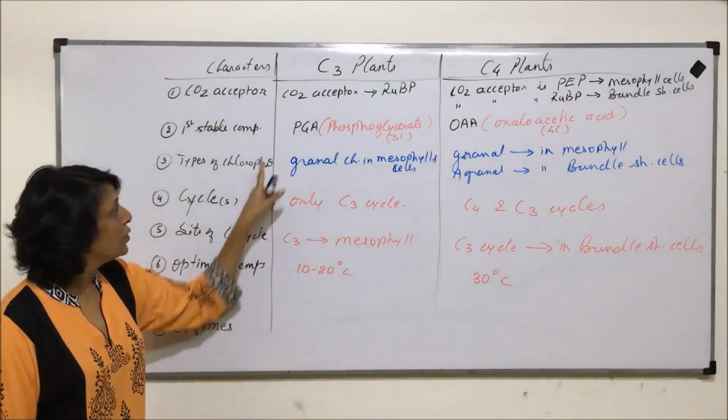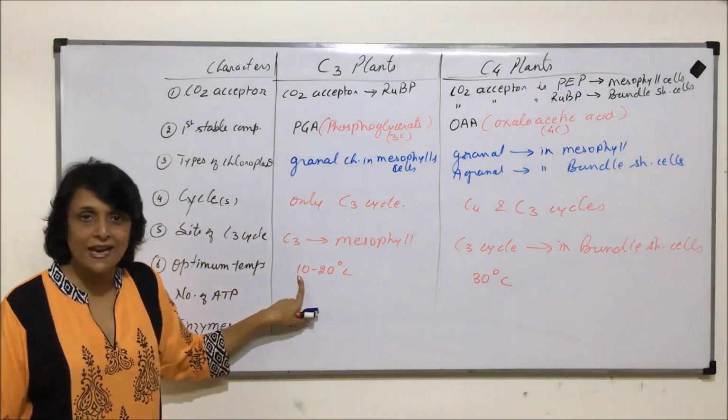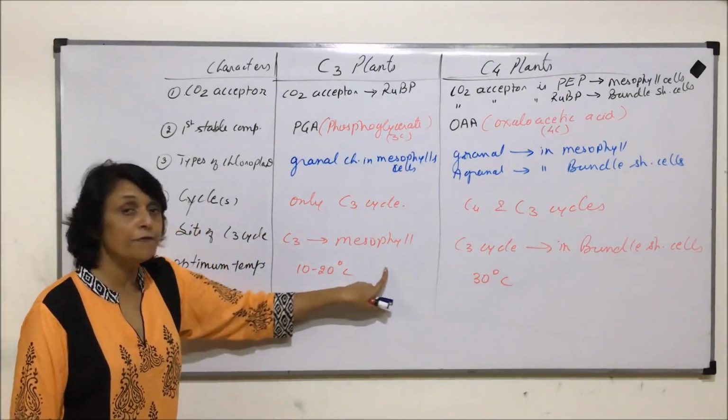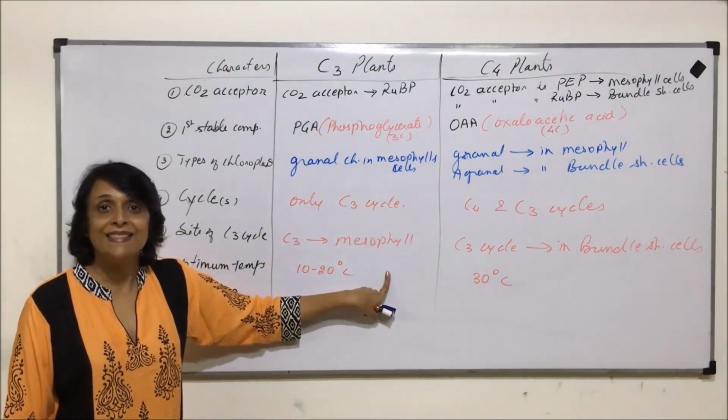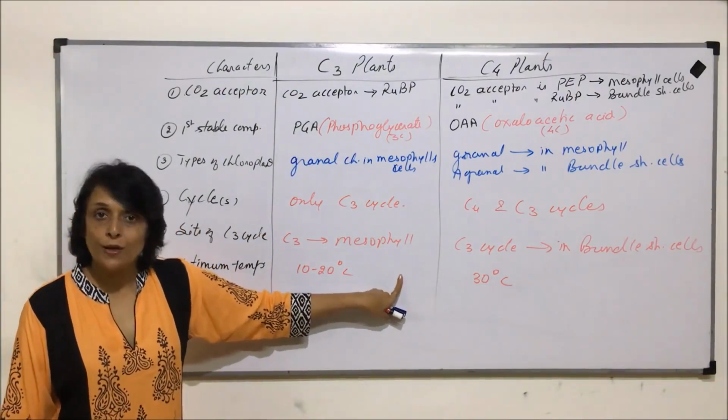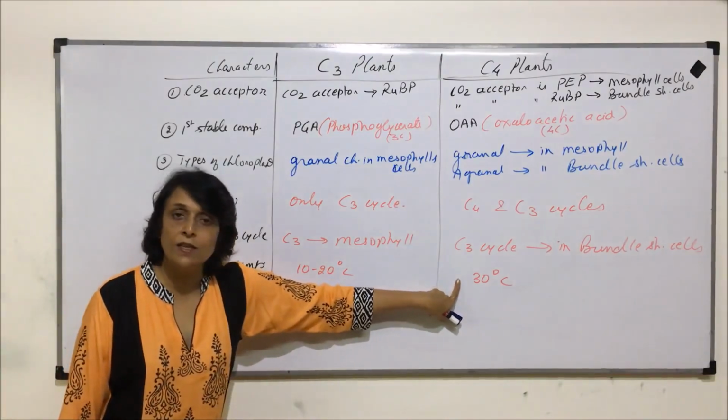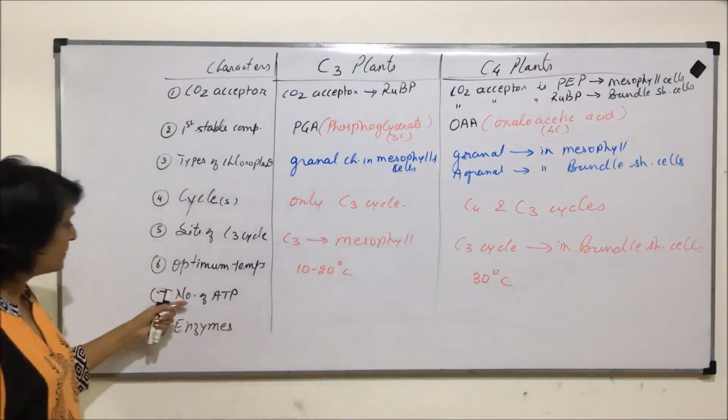In C3 plants, the normal photosynthesis would take place at 10 to 20 degrees. If temperature increases, then there would be photorespiration. That is not the case in C4 plants.